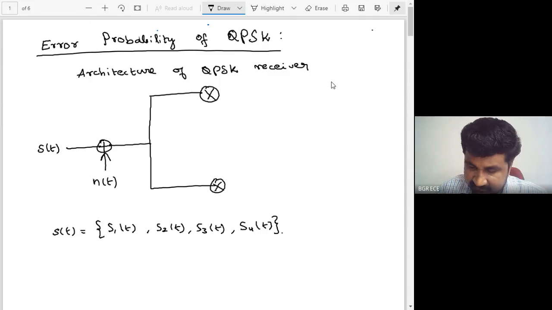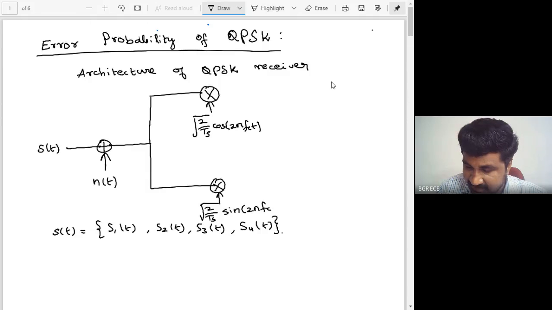two paths. One is the in-phase path and the other one is the quadrature path. Each of them is supplied by sinusoidal carriers which have a 90-degree phase shift with respect to each other.